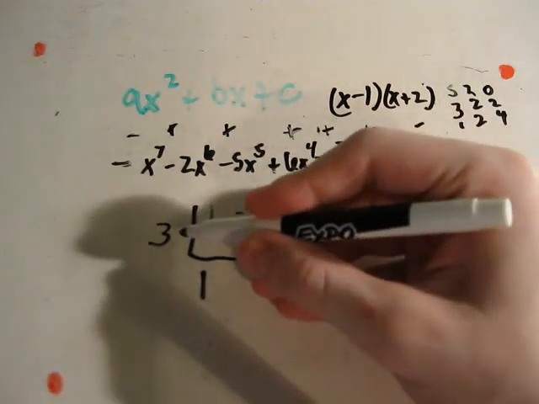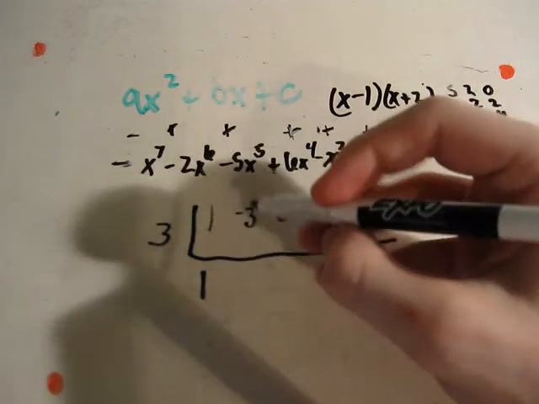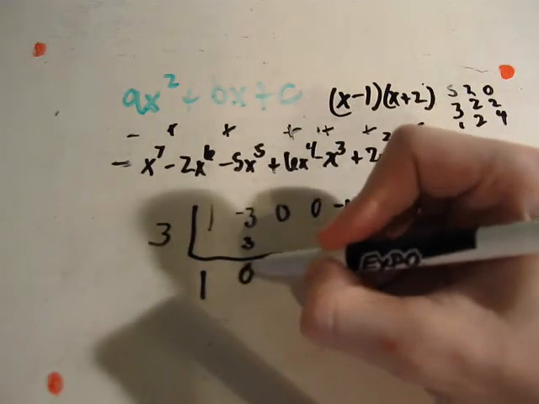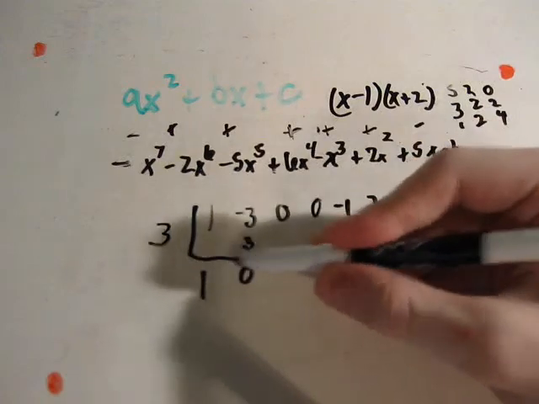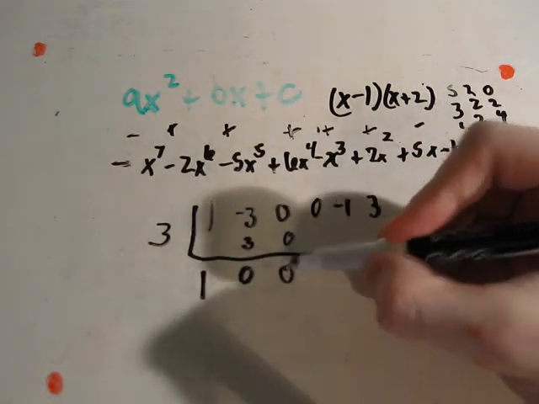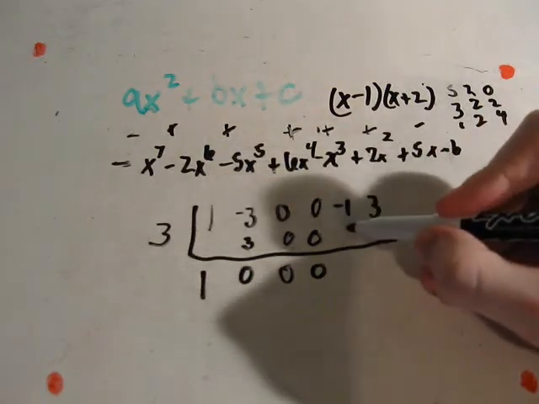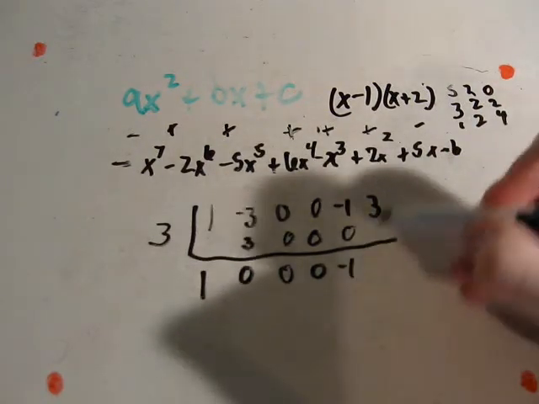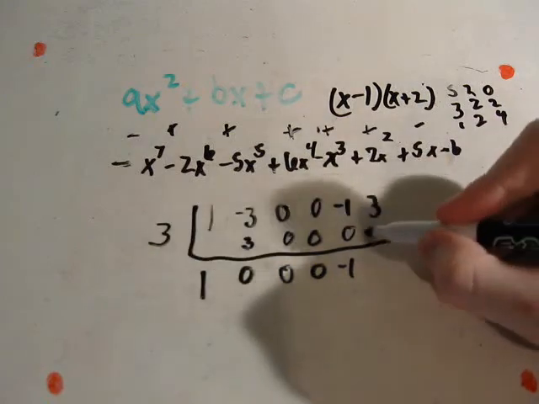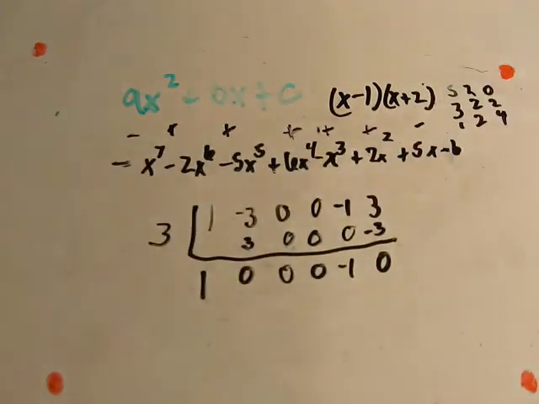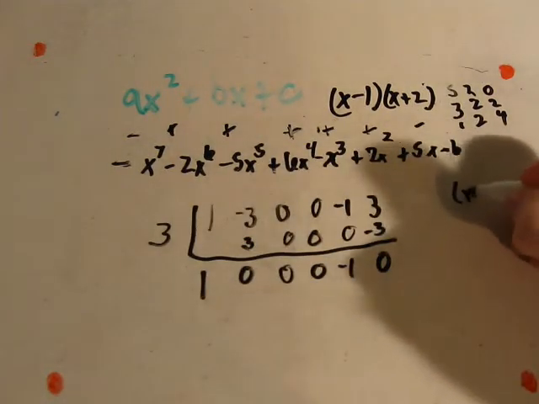So, 1, and then we take 3 times 1 is 3. That makes 0 after adding up, times 0, add 0, times 0, add 0, times 0 is 0. Then we got negative 1. 3 times negative 1 is negative 3. Hey, 3 worked. So that means x minus 3 is also a factor.